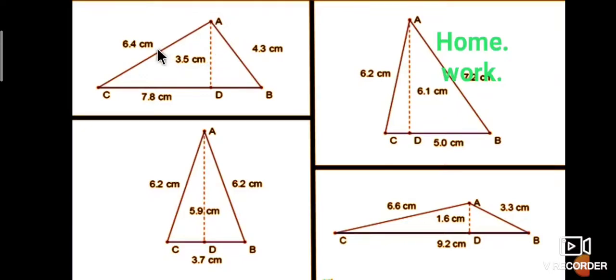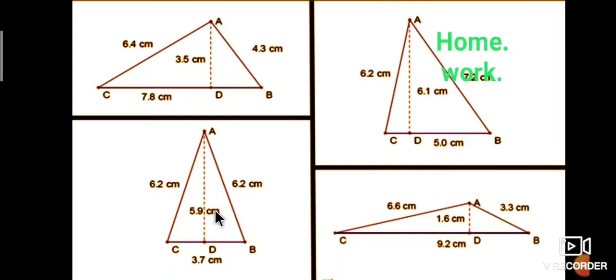Now find the area of the first triangle. Similarly, second one, find the area of a triangle. Base is 3.7 centimeter, height is 5.9 centimeter.